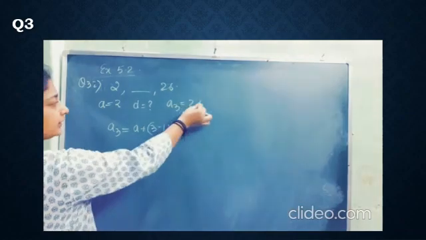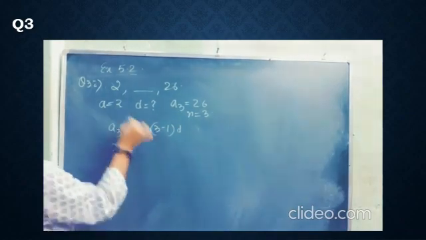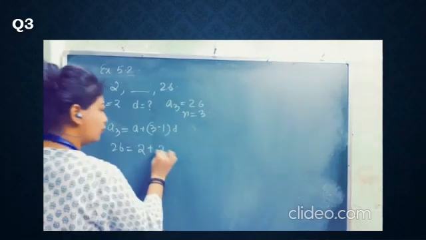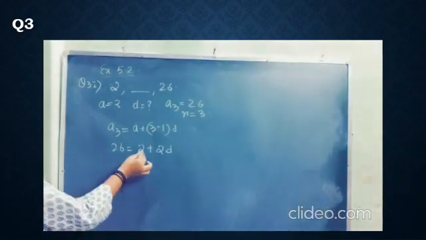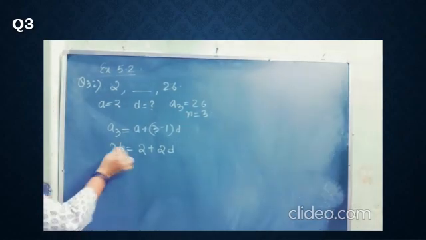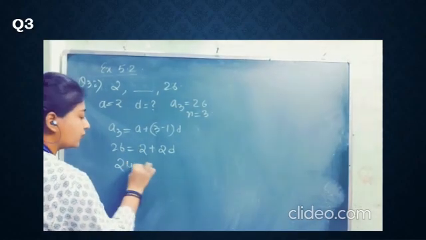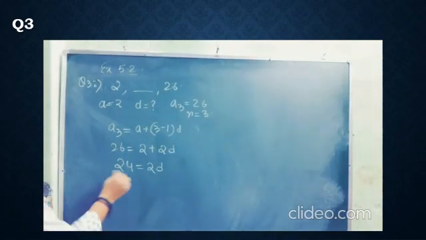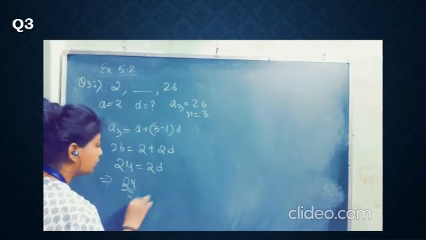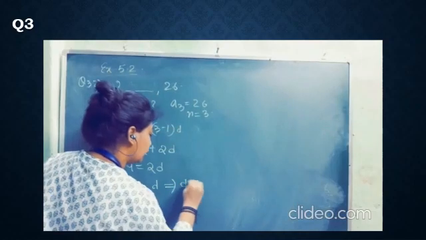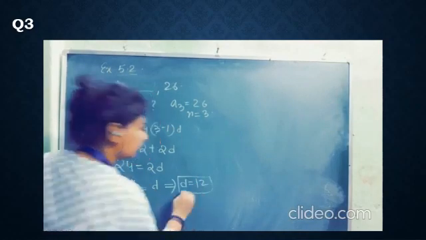In place of a3, I can write 26. In place of a, I can write 2. 3 minus 1 gives us 2 and this is multiplied with d. When this 2 goes on the other side, it becomes minus 2. So 26 minus 2 becomes 24. When this 2 comes on the other side, it goes to the denominator. So 24 by 2 equals d. From this, we get the value of d as 12.